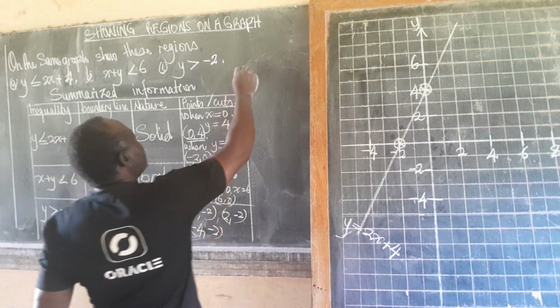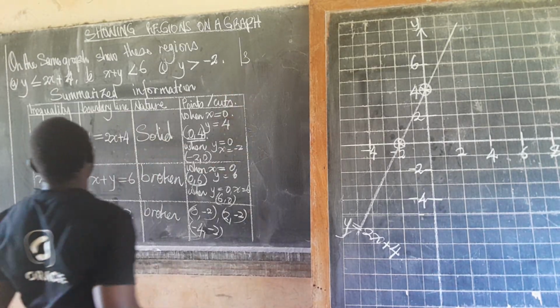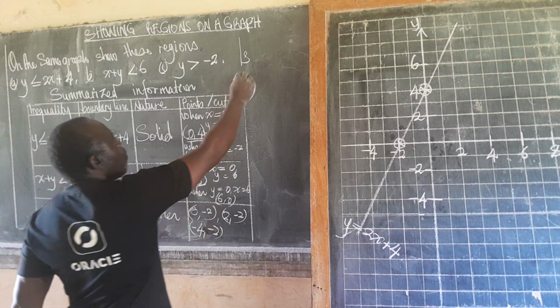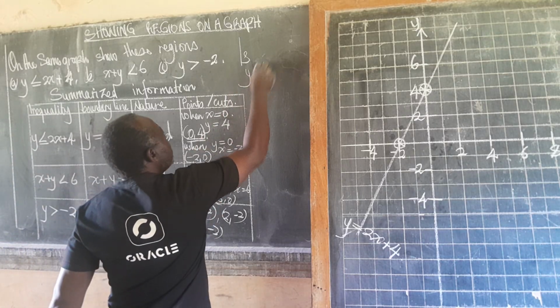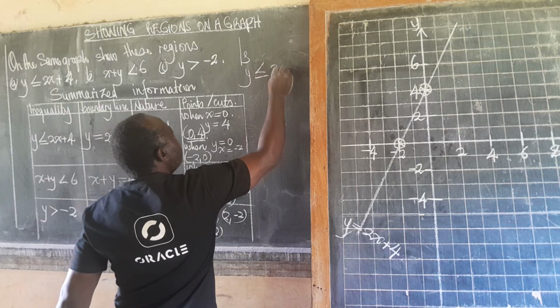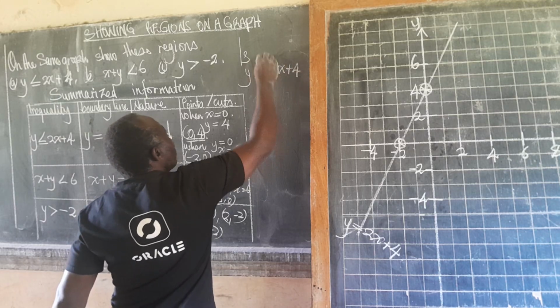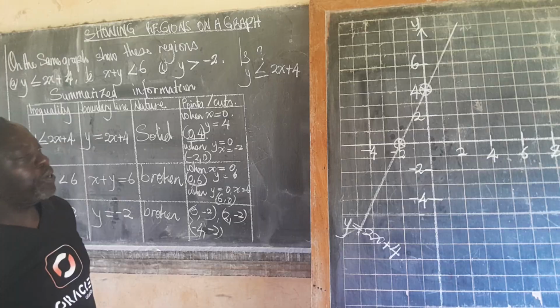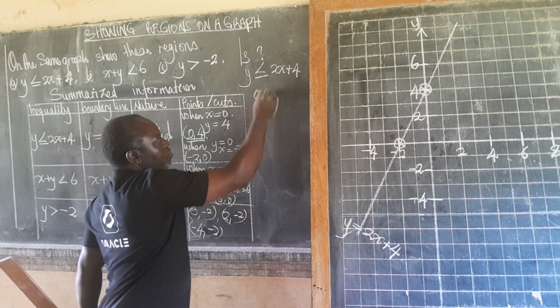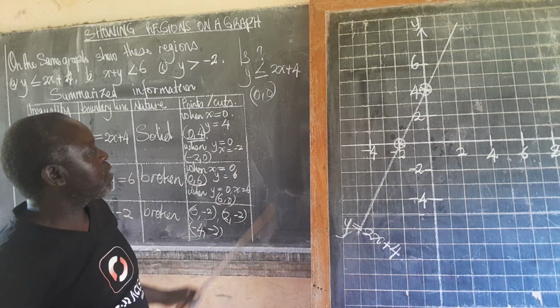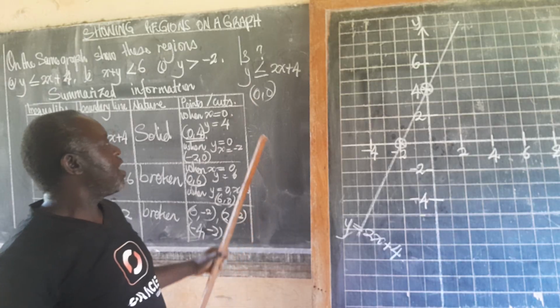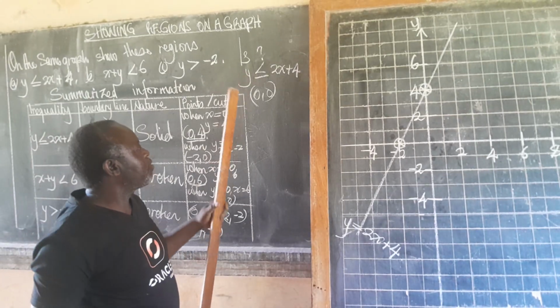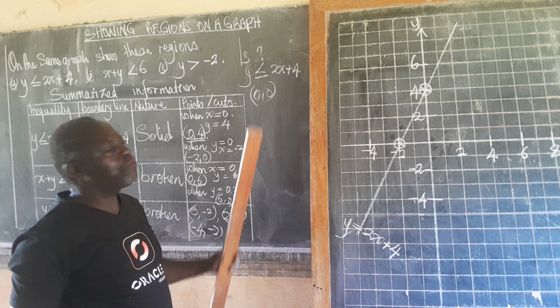We have y less than or equal to 2x plus 4. Now, if we use point (0, 0) as our test point, where we have y, we put 0, and where we have x, we put 0.